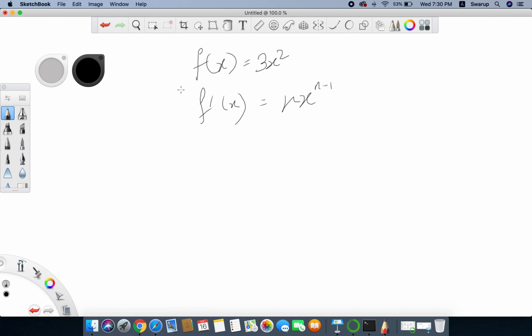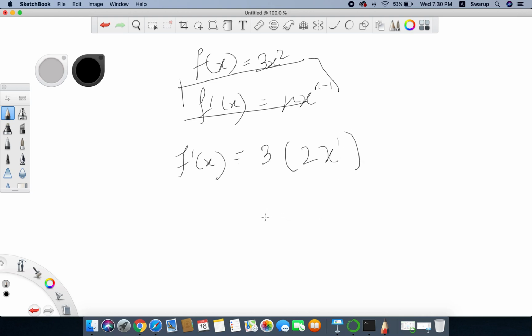For the current equation, we have a power of 2, so we can bring it down and write f dash x equals 3 times 2, where 2 is the power, that is n is 2, times x to the power 2 minus 1, which is 1.